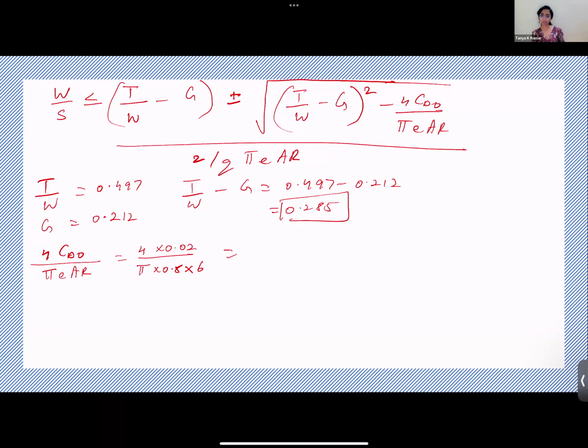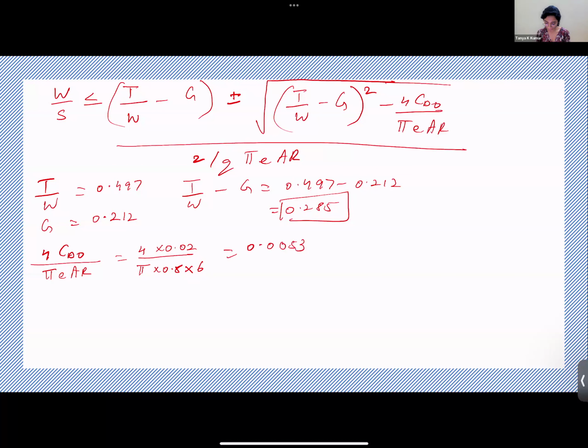What is that value? Let me calculate. It becomes 0.0053. Just let me know if I'm going wrong somewhere.